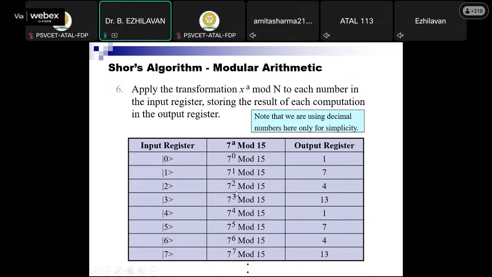Similarly, 7 power 2 mod 15 equals 4, then 7 power 3 mod 15 equals 13. Then 7 power 4 mod 15 is 1, 7 power 5 mod 15 is 7, 7 power 6 mod 15 is 4, and 7 power 7 mod 15 will be 13. Similarly it will go. If you see the first 4 values, 1, 7, 4, 13, after that it is repeated again: 1, 7, 4, 13.